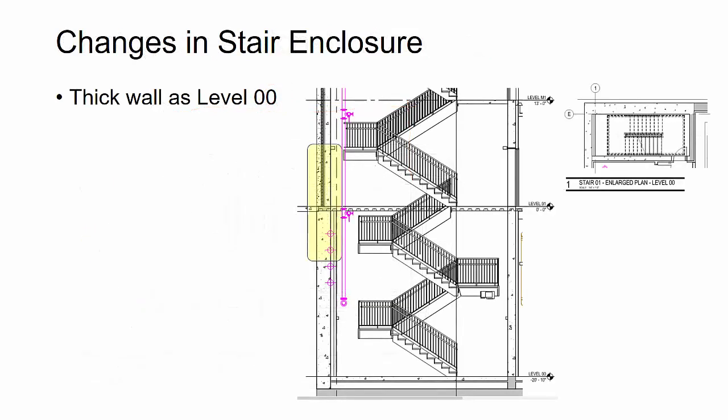Then we also have changes in the stair enclosure as you go up through the building, through the height of the stair tower and the elevation of the building. At the lower level, we can see that we're working with cast-in-place concrete as the enclosure, but when we start to go up, there are going to be some concrete walls as well as what appear to be stud walls as a finish. So this may impact how we detail and how we frame our stairs and support the framing structurally.